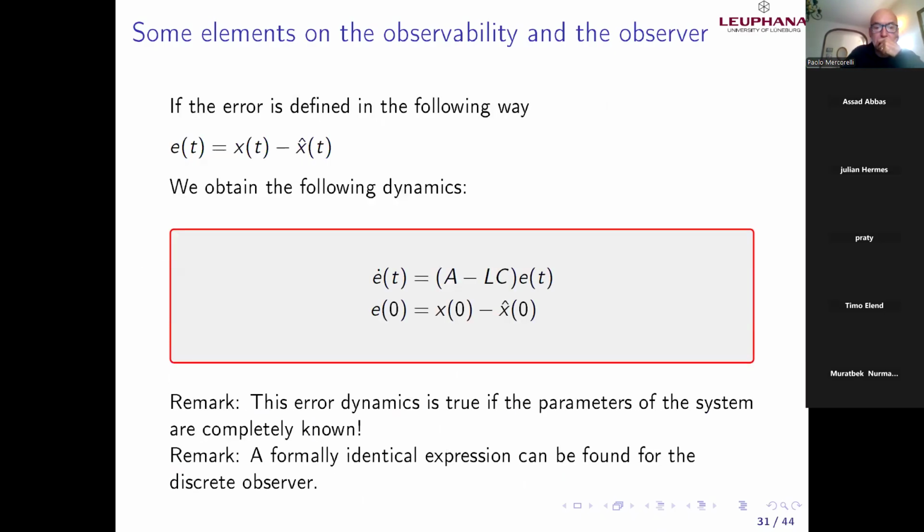Let me reconsider just this slide here, slide number 31, in order to recall the concept of the matrix L. L recalls Luenberger, no? Let me start from here, and then we will go ahead with the concept of the matrix L, placing eigenvalues, and so on.